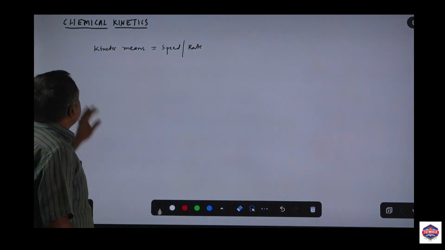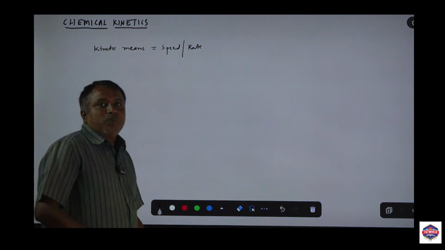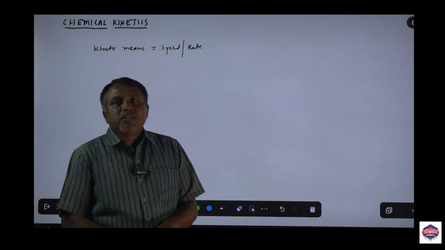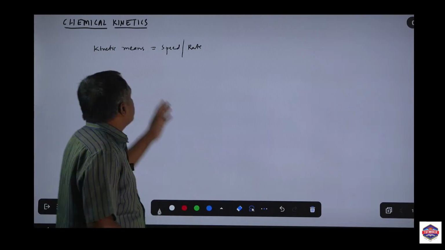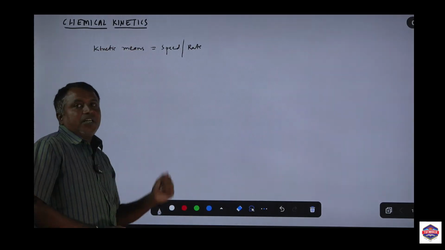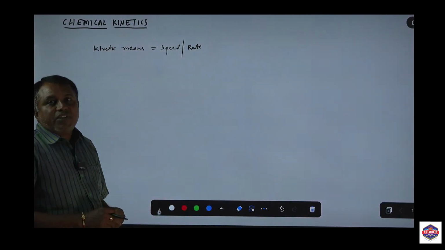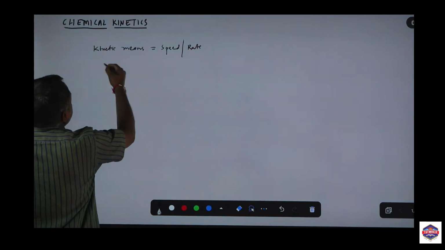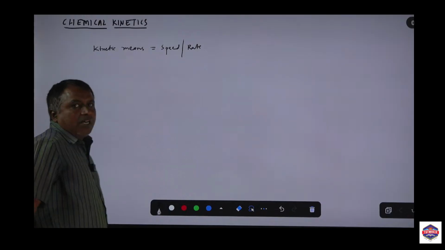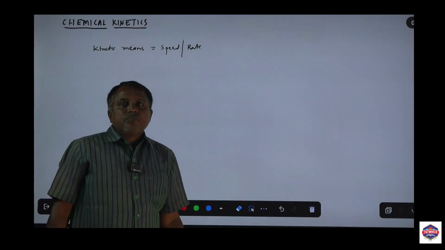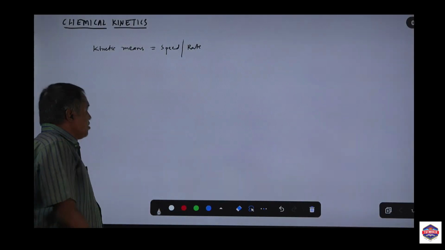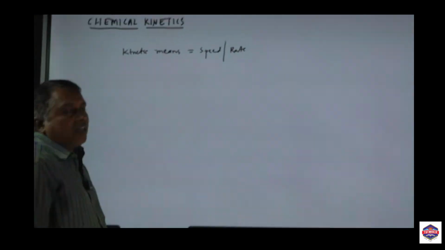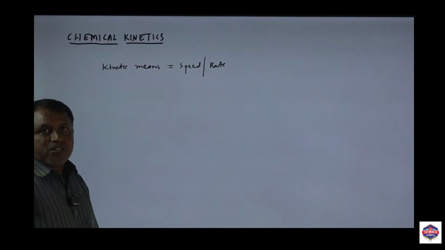So actually this chemical kinetics is dealing about the reactions of moderate reactions. So why is chemical kinetics dealing about velocities of moderate reactions only? Why is it? For example, based on speed or rate of reactions, there are different types of chemical reactions.